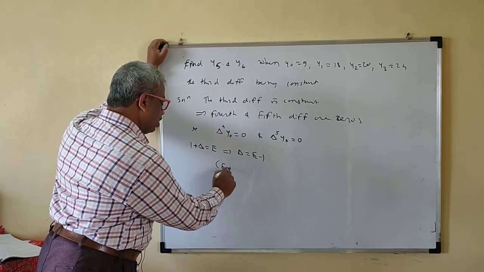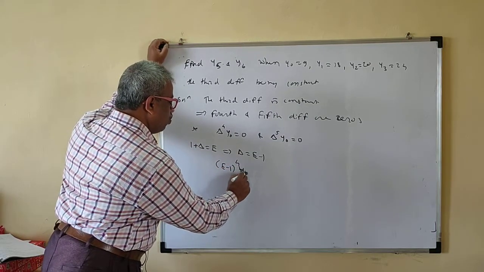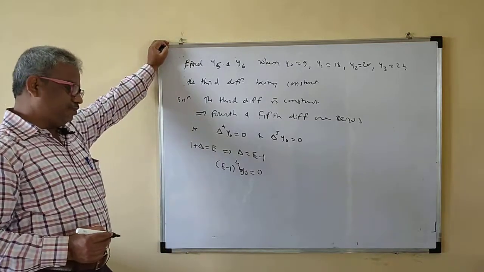So we can write (E minus 1) raised to 4 y0 is equal to 0.